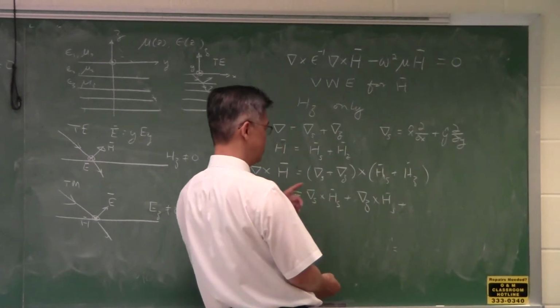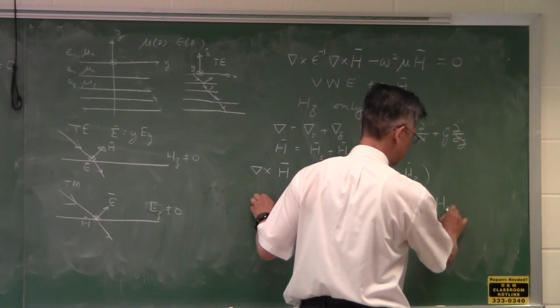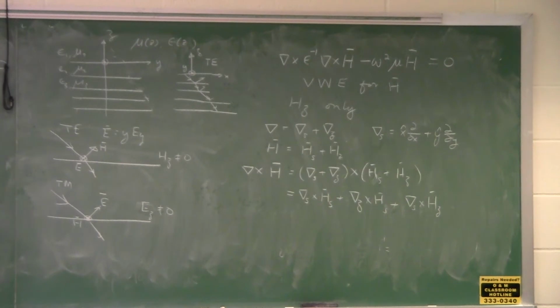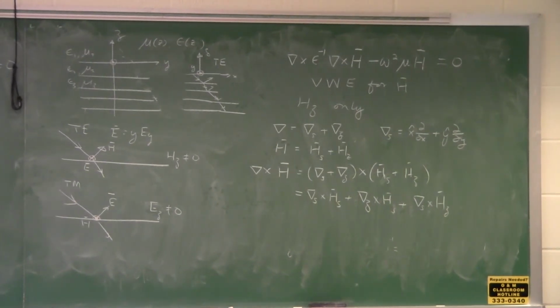Then if you multiply all these four terms out, it would be something like this. And there's no last term. Why is the last term not there? Right, the del_z cross Hz equal to 0, because anything pointing in the z direction crossing with itself gives 0.